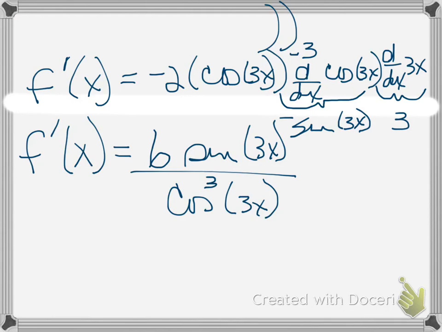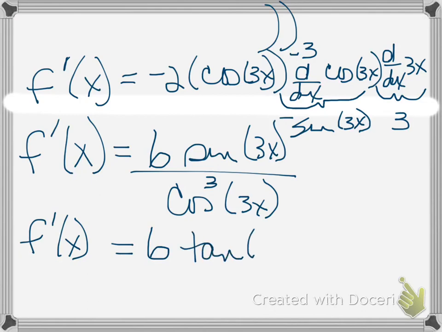Alright, now you can, I guess, leave it like this, but I think you can probably make it a little bit prettier if you play around a little bit. Okay, so I'm not going to write everything, so listen to what I'm saying. I have the 6 that comes along. What is sine over cosine? And you should be saying sine over cosine is tan. So this can be tan 3x. Then what are you left with?